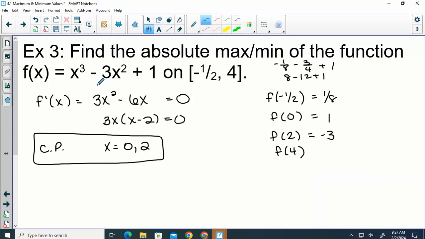If we put in a 4, 64 minus 48 plus 1, and that gives us 17. So what's my absolute max? And my absolute min?